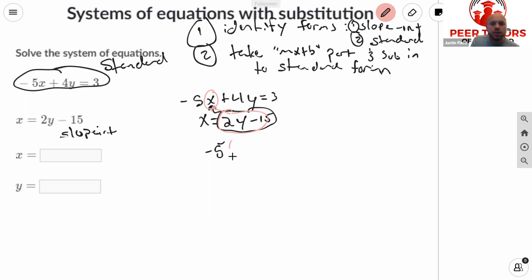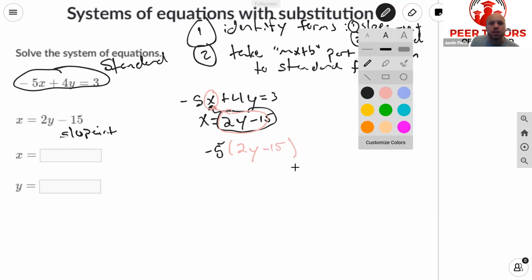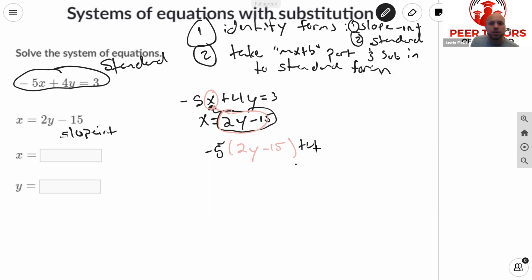Okay, so -5 times 2y minus 15 plus 4y equals 3. So you see, I just wrote this first equation, but instead of writing x, I wrote 2y minus 15 because it says x equals that, so I can write x, or I can write 2y minus 15.